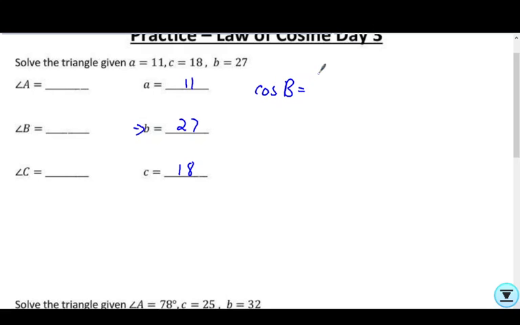Cosine B equals a squared plus c squared minus b squared over 2 times a times c. And then we just plug it into our calculator. When you plug it into your calculator, it should look like this, using the inverse cosine.